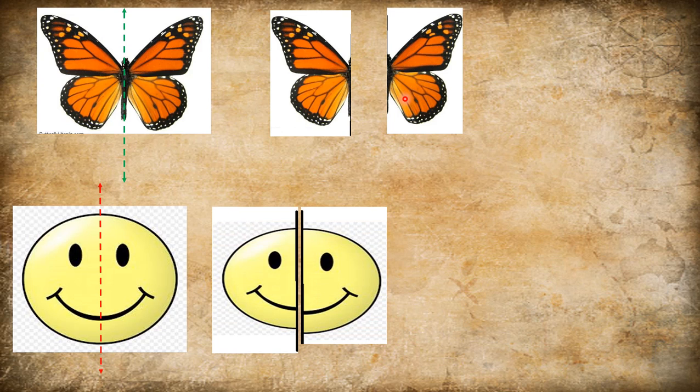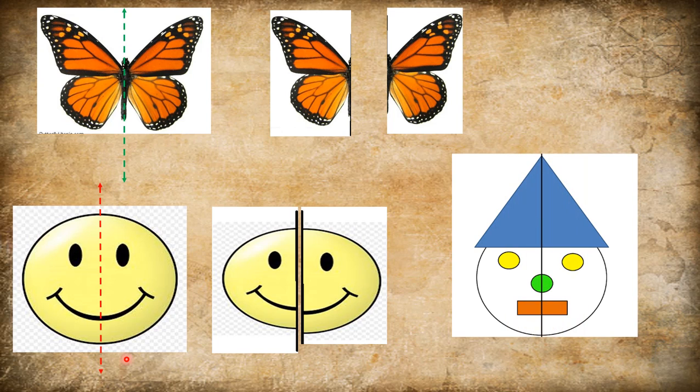In both the figures we have left and right parts that are the same about this line. Similarly here also, this line divides this image into exactly two equal halves, that is, whatever figure is drawn on the left side of this line, the same is on the right side of this line.